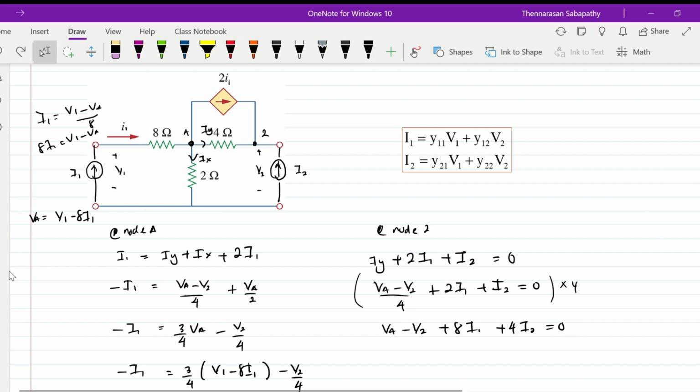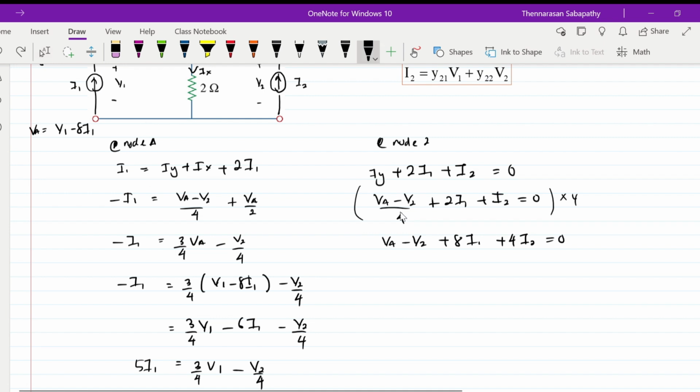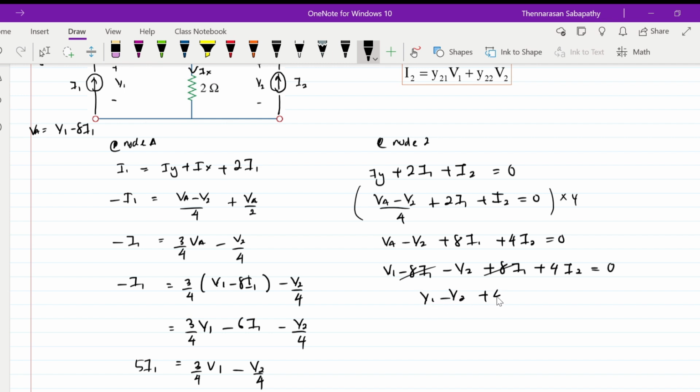I'm going to substitute VA equals V1 minus 8I1 here. VA is V1 minus 8I1 minus V2 plus 8I1 plus 4I2 equals 0. So this negative 8I1 plus 8I1 can be cancelled, and you will have V1 minus V2 plus 4I2.